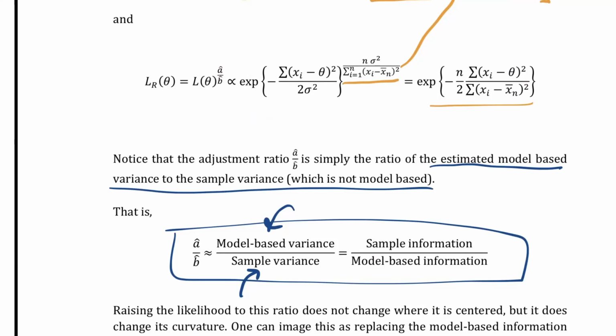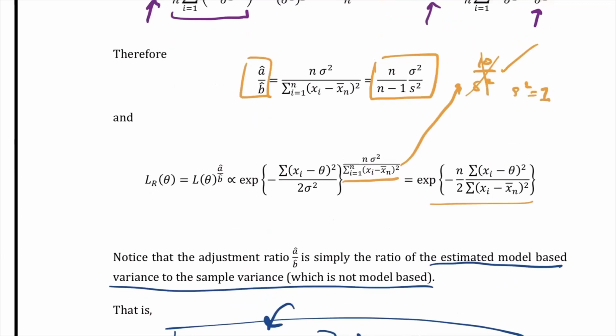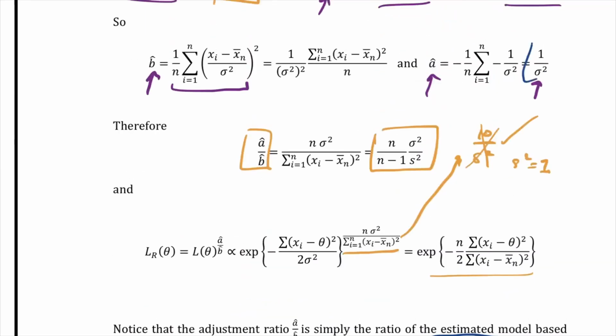And the variance is inverted to information, so that's why I have this inversion here. This goes up here because I have information, and this goes down here because I have variance. Variance and information are inverted, right?